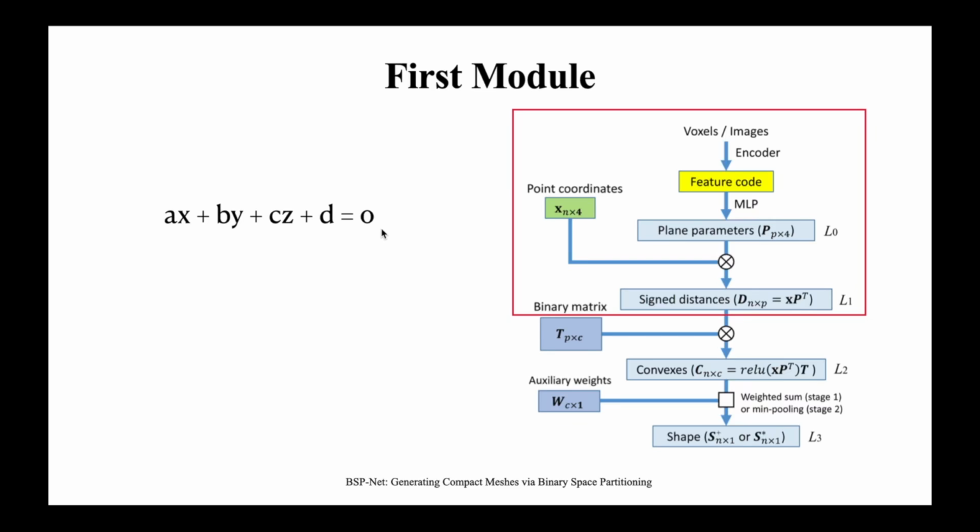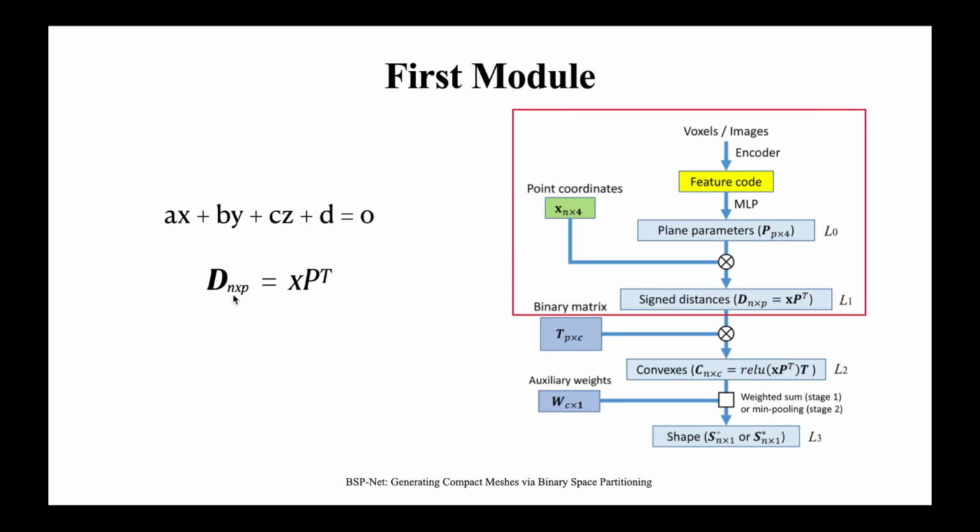So we use a capital P to represent the matrix of the planes' parameters, and we use X to represent the matrix of the training data points. Then we do the matrix multiplication. Of course, in order to do it successfully, we need to multiply X with P transpose. Then we get a new matrix D.